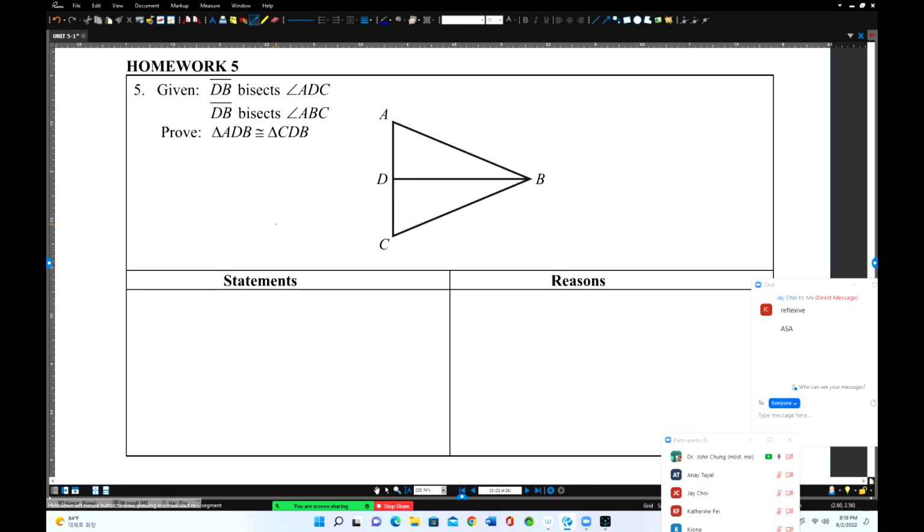Now we're going to do number 5 together. After this, we'll finish today's lesson. DB bisects angle ABC. I'm sorry. DB bisects AC.